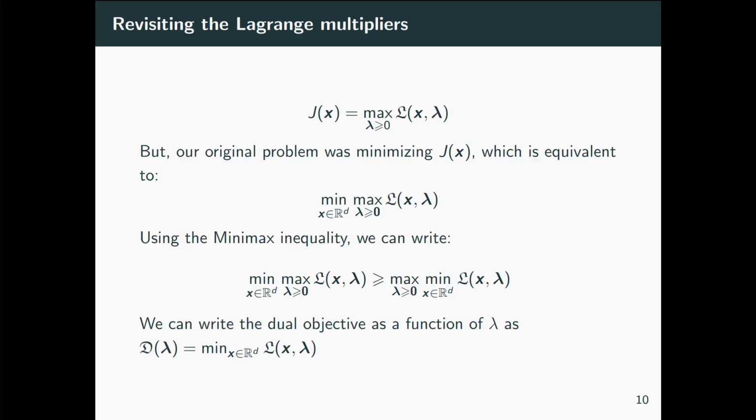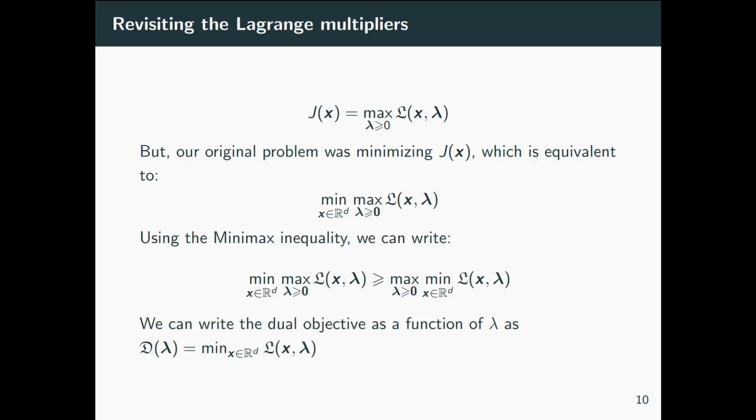So the dual objective was written in this particular format. The primal was a function of the original variables x, the dual will be a function of the new variables lambda, and it will not be a function of the original variables x.